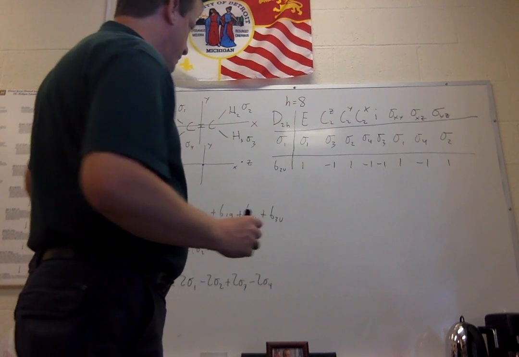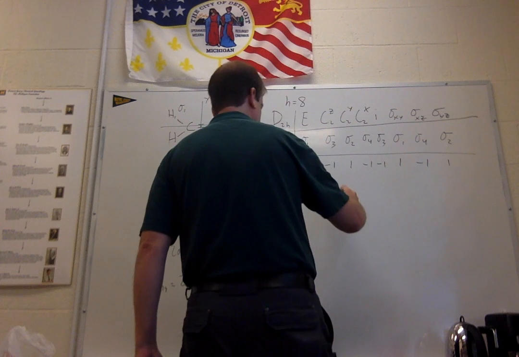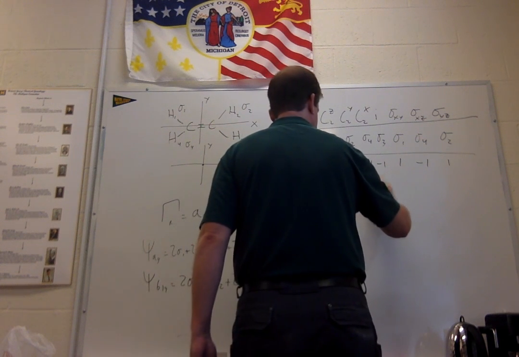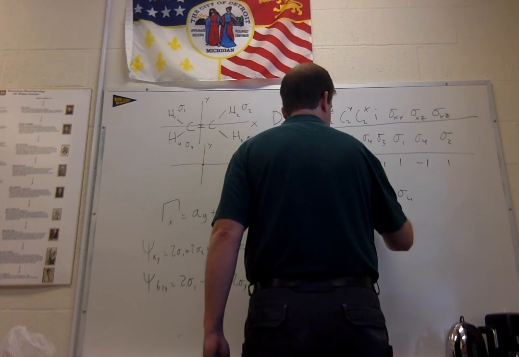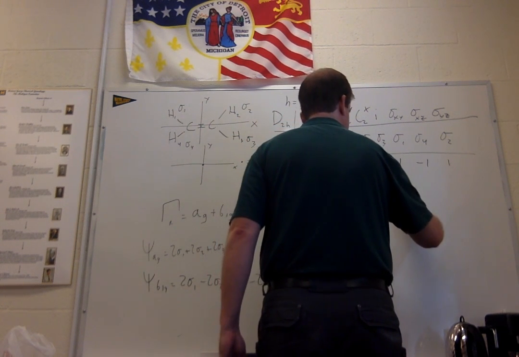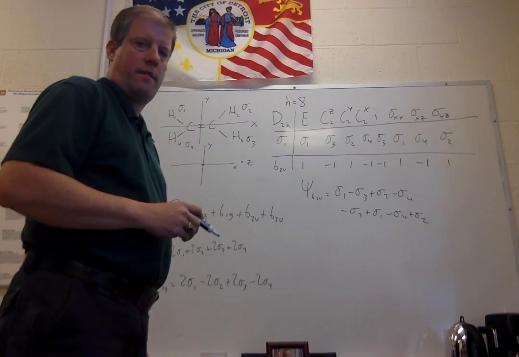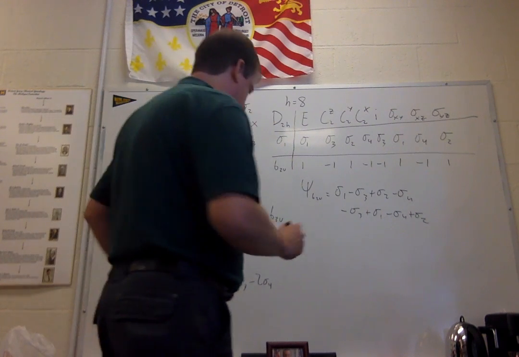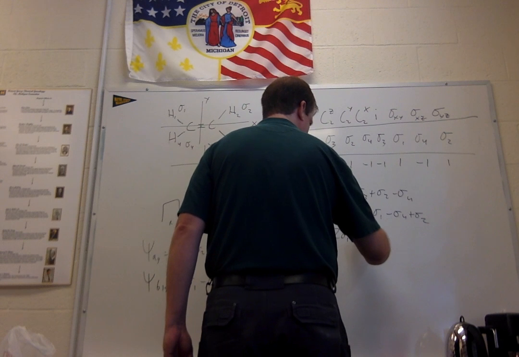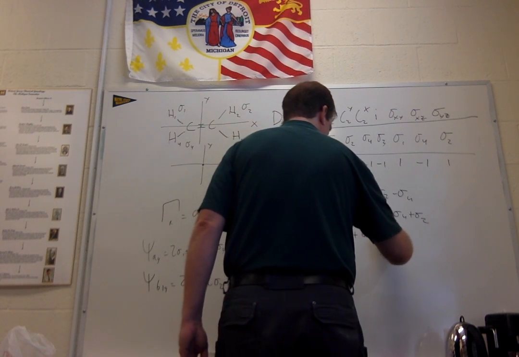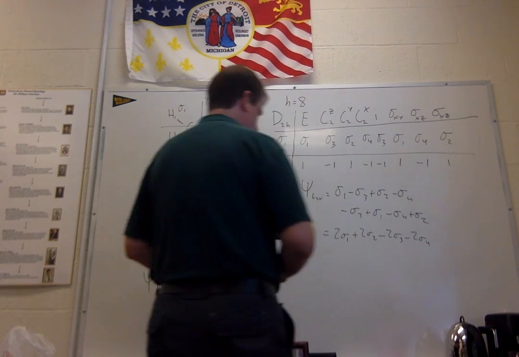Multiplying that out, right? Same type of thing as before. That becomes 2 sigma 1 plus 2 sigma 2 minus 2 sigma 3 minus 2 sigma 4.